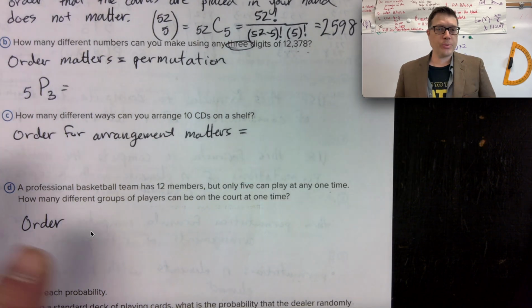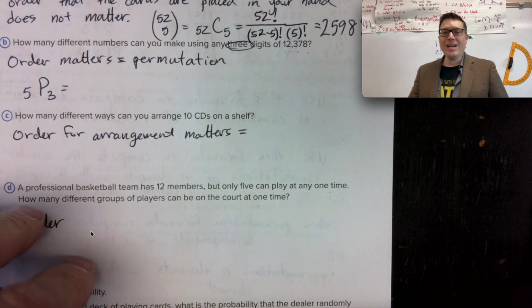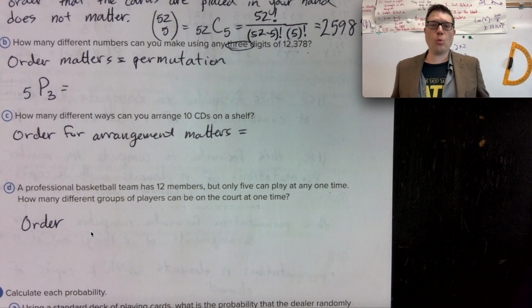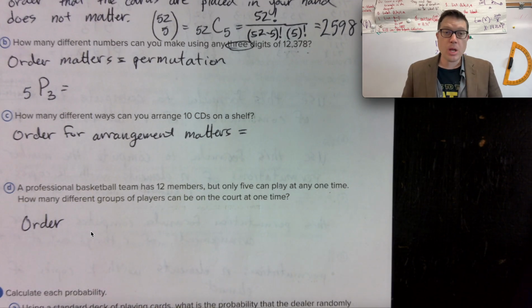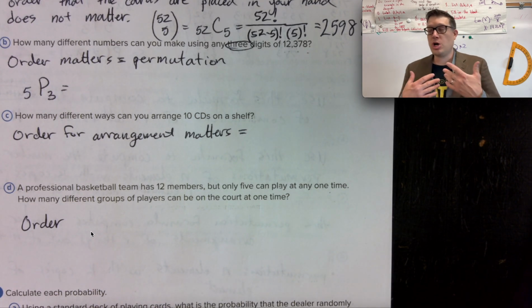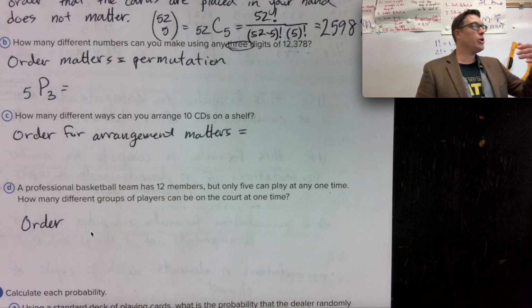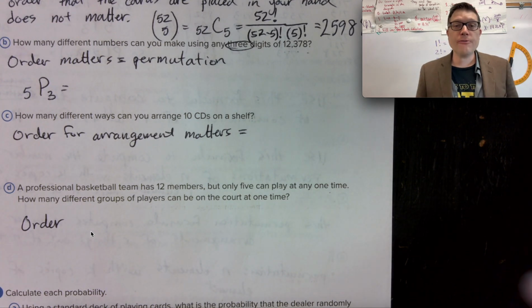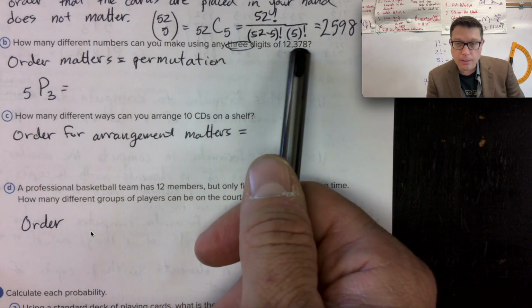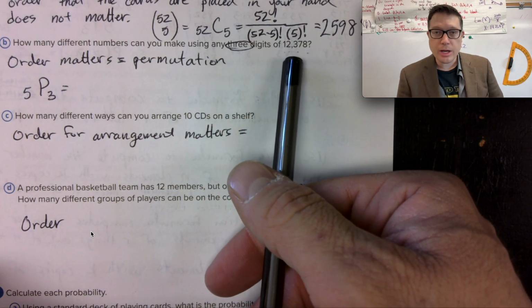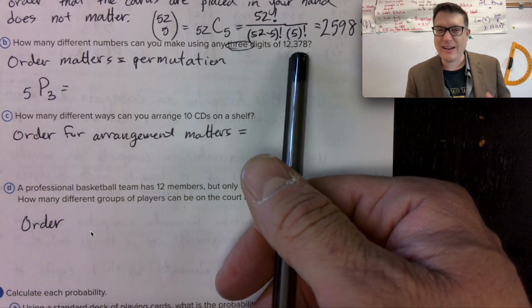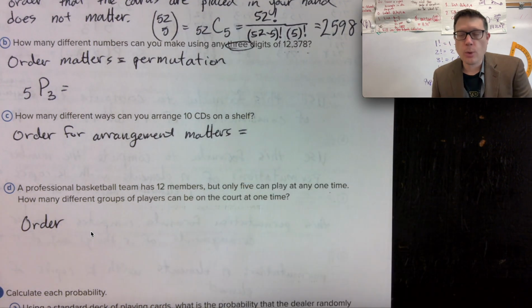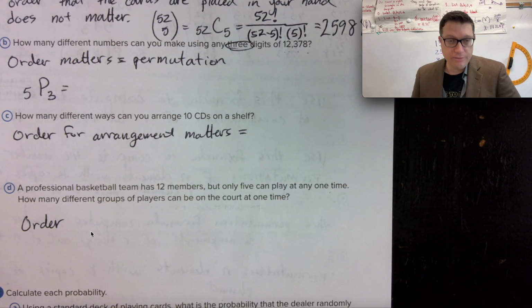Different question, the next one in the list. What if we were talking about 3 digits from the numbers 12,378? Well, in this case, because we're talking digits, we're talking numbers, the order matters, and when the order matters, it's a permutation. There are 5 digits in our number, and we want to permute 3 of them.